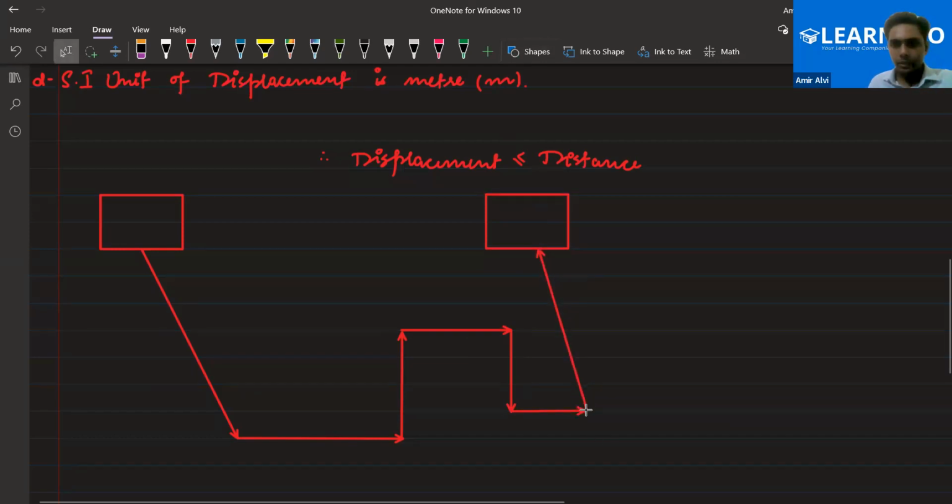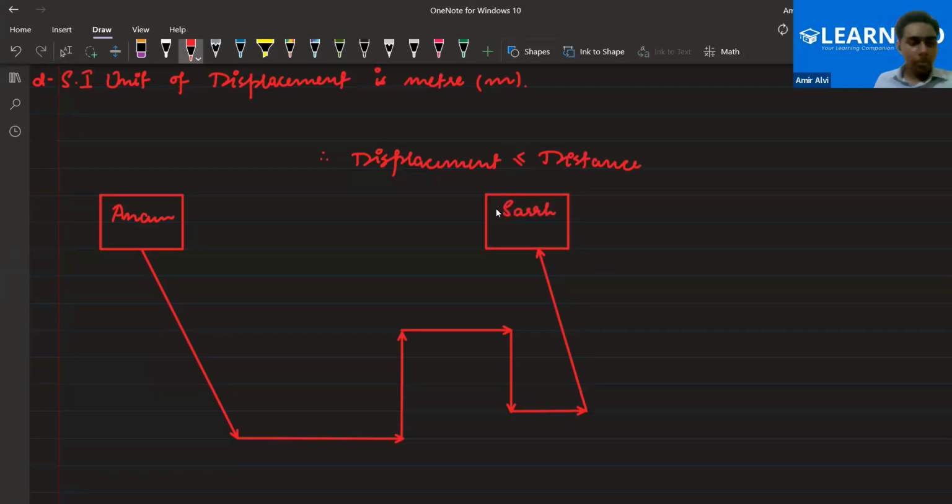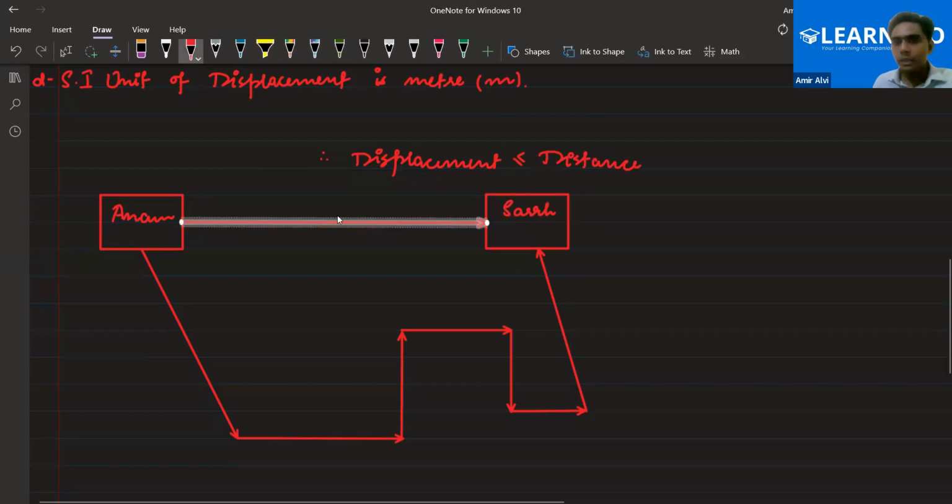So suppose, dekho, this is Anam and this is Sara. Now two possibilities are there. Suppose this is the path between them. So two paths are present. It means that the shortest one will be displacement and the longest one will be distance. Simple.